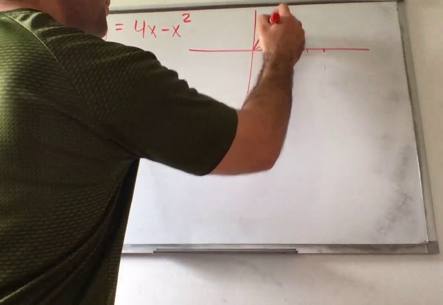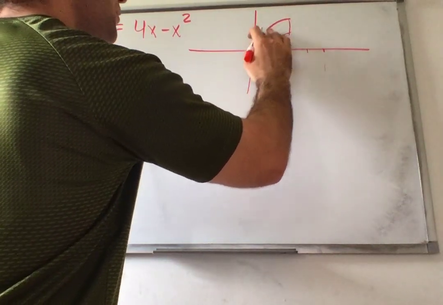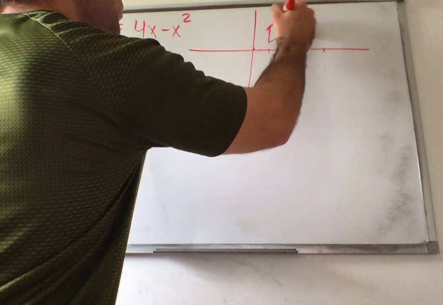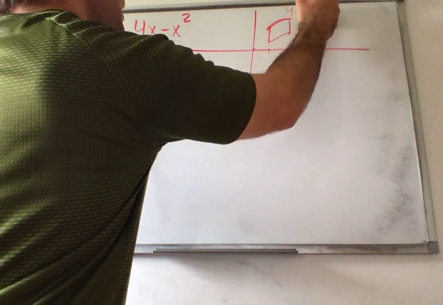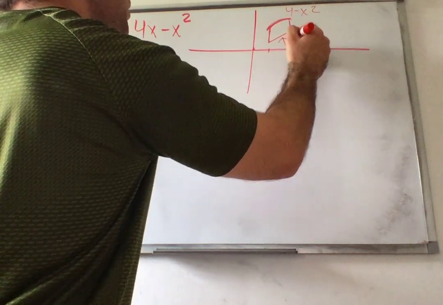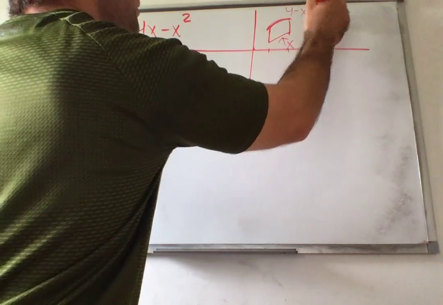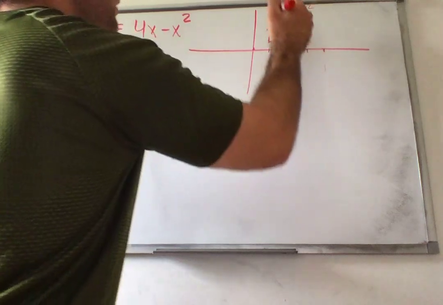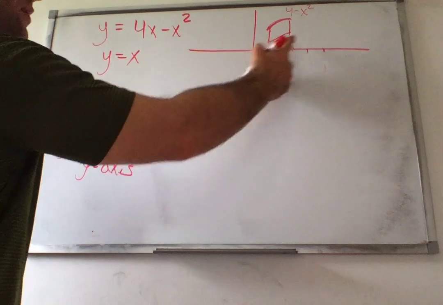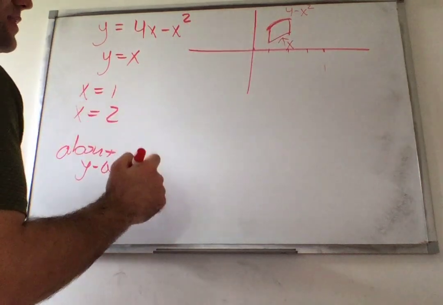So, actually from 1 to 2. Right here is 4x minus x squared. Down here is just x. We're revolving this around the y-axis.